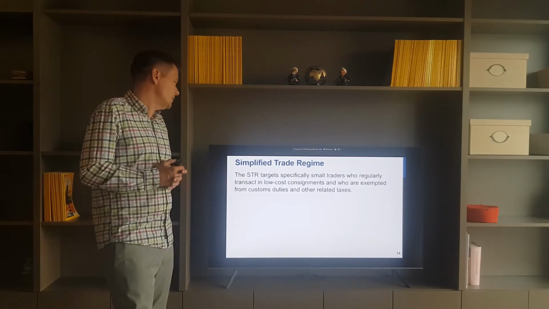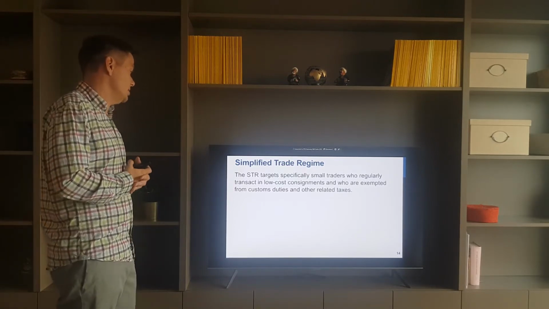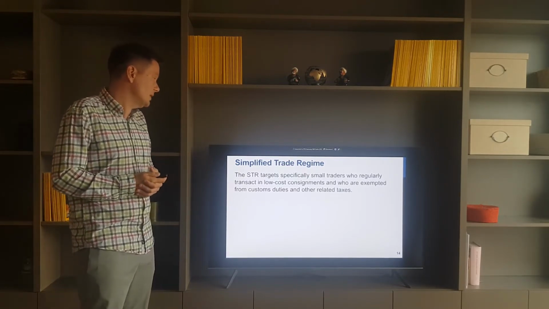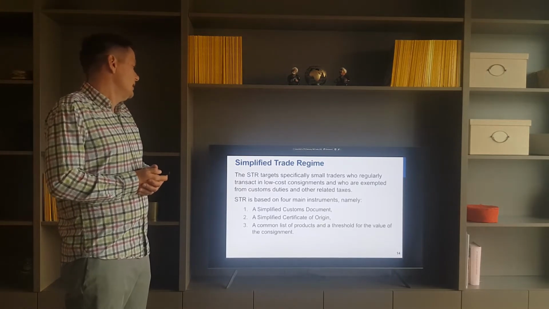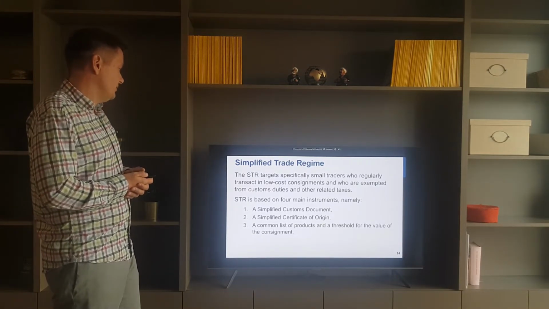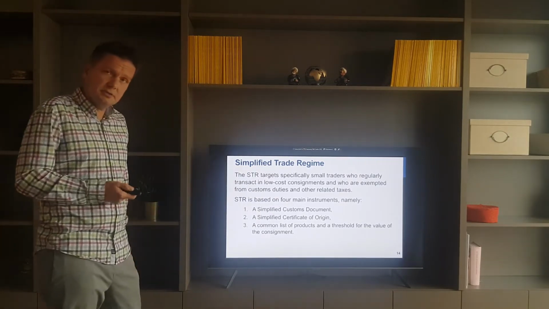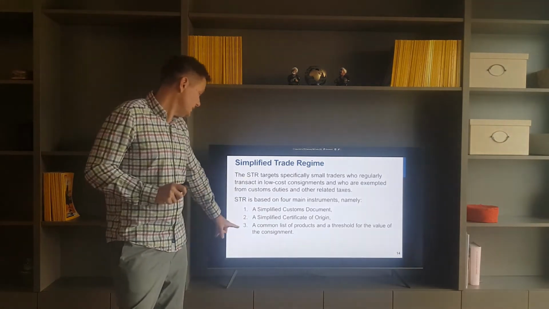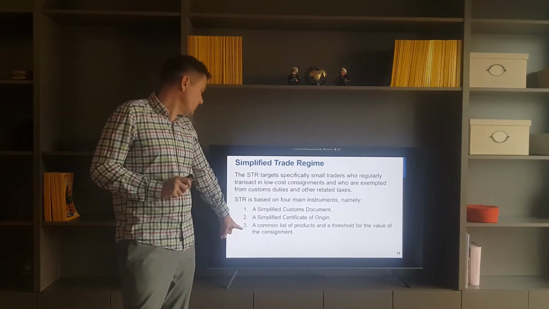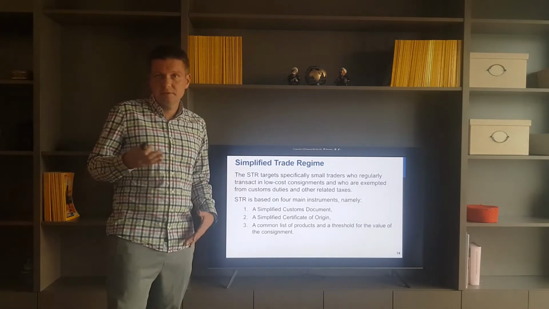The simplified trade regime targets specifically small-scale traders who regularly transact in low-value consignments and who are exempt from custom duties and other related taxes. And what are the three key components? The simplified custom document, which is very helpful; the simplified certificate of origin, which we already discussed; and another component is a common list of products and threshold of value of consignment.